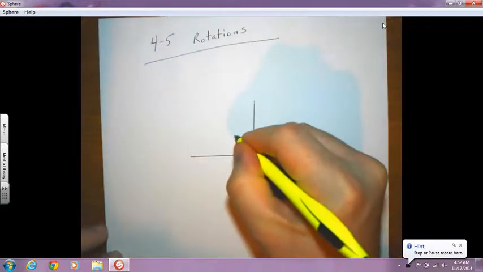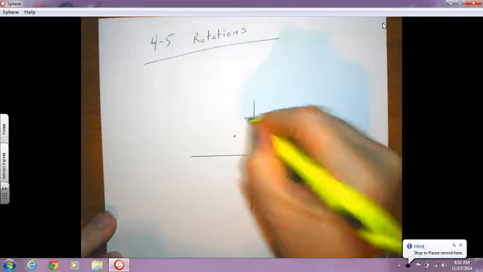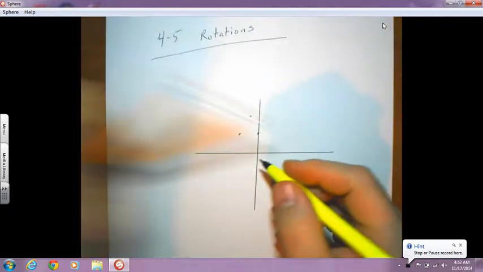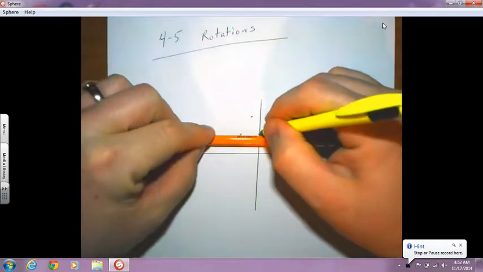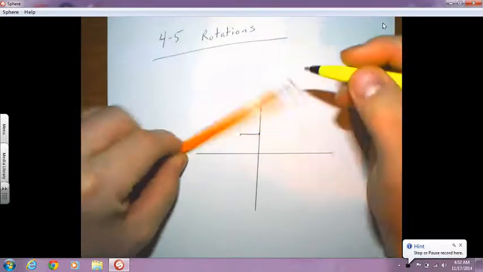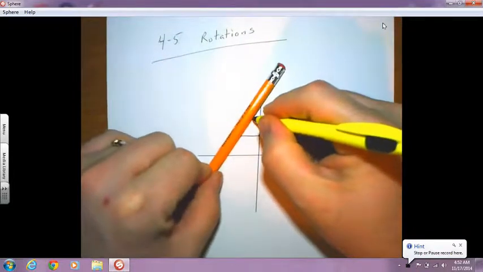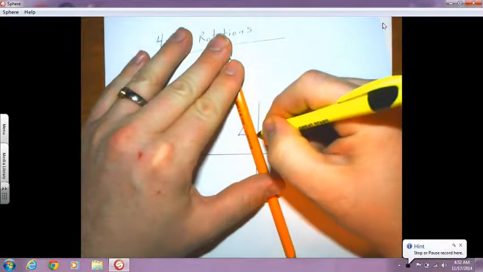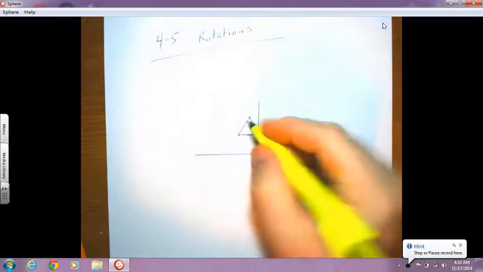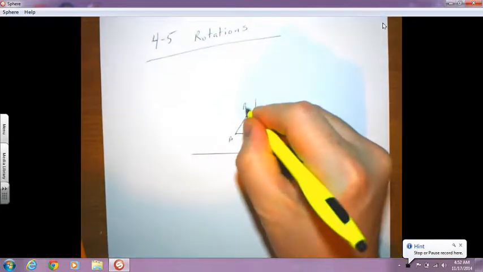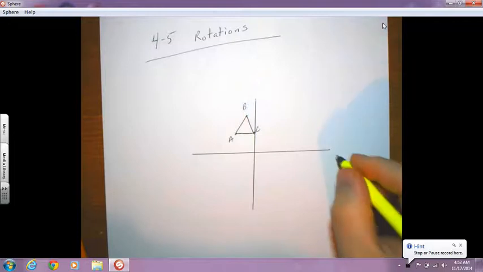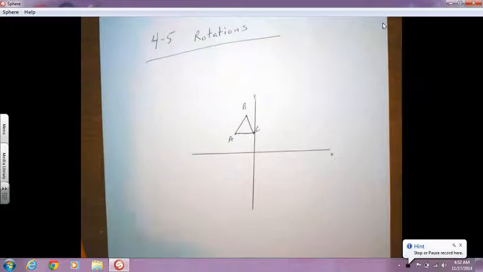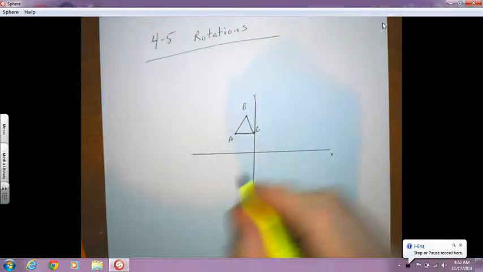So I have triangle ABC, and I'm going to treat this as if it were an XY coordinate plane. And just to make this a little bit easier to rotate, I'm going to assign point values to these.